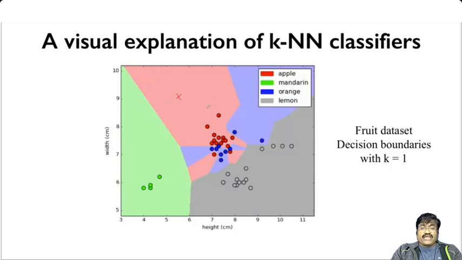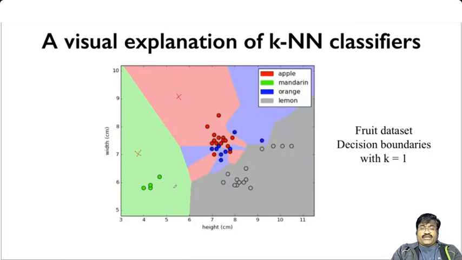Or for example, if the classifier saw a piece of fruit with a height of 4 centimeters and a width of 7 centimeters, it would be classified as a mandarin orange because it falls within this decision area that's assigned to mandarin oranges.